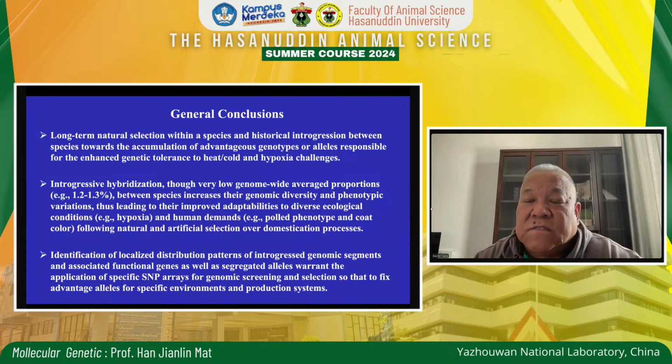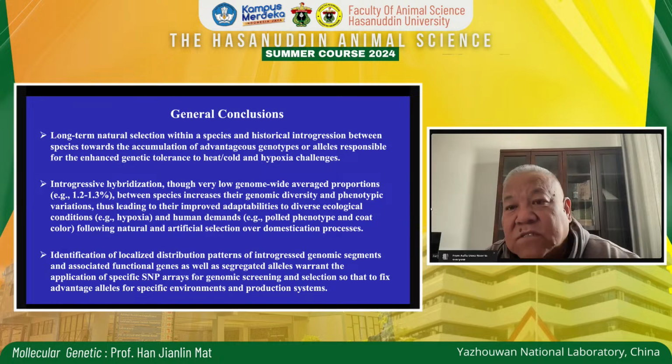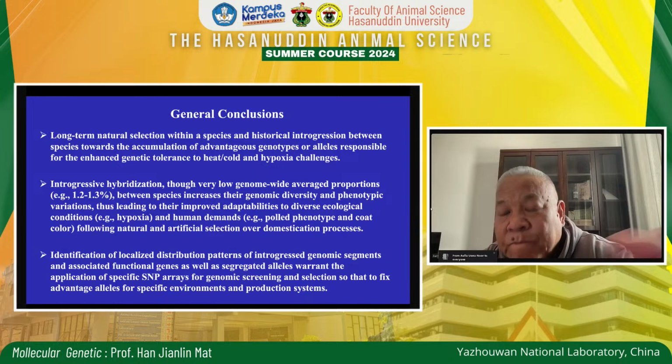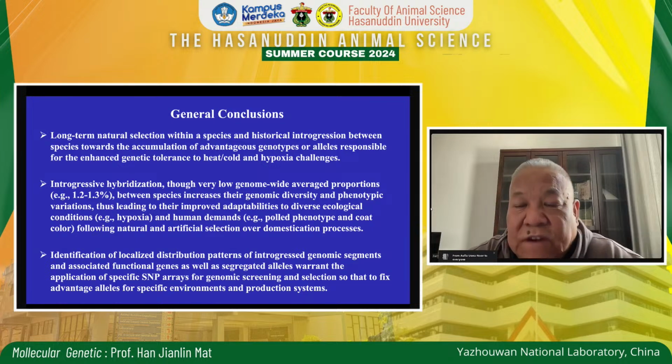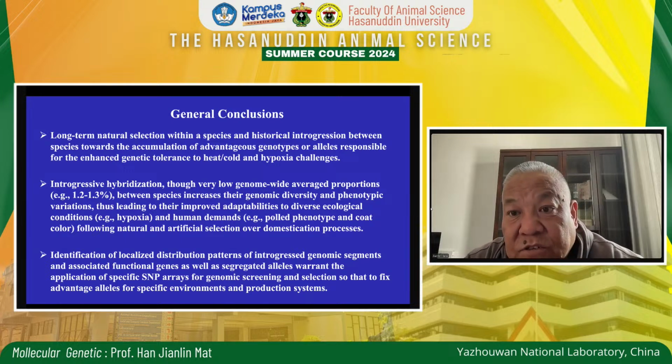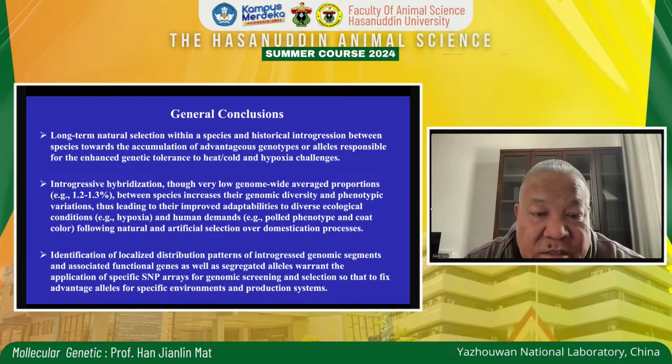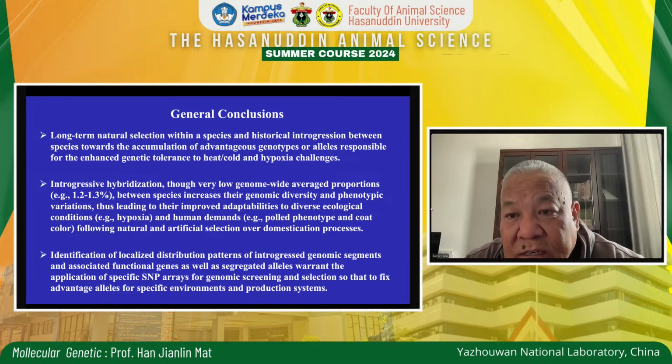In that case, the diversity of a particular breed or species increases as a new source of variation that would contribute to the diversity of the morphology, the productivity, or the adaptation to the environment, which is changing every day under this process of climate change.